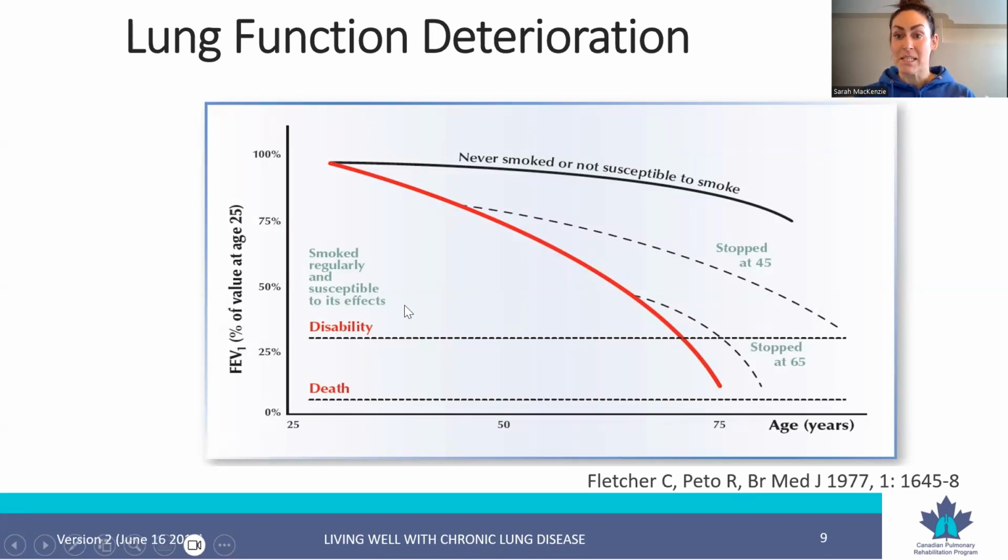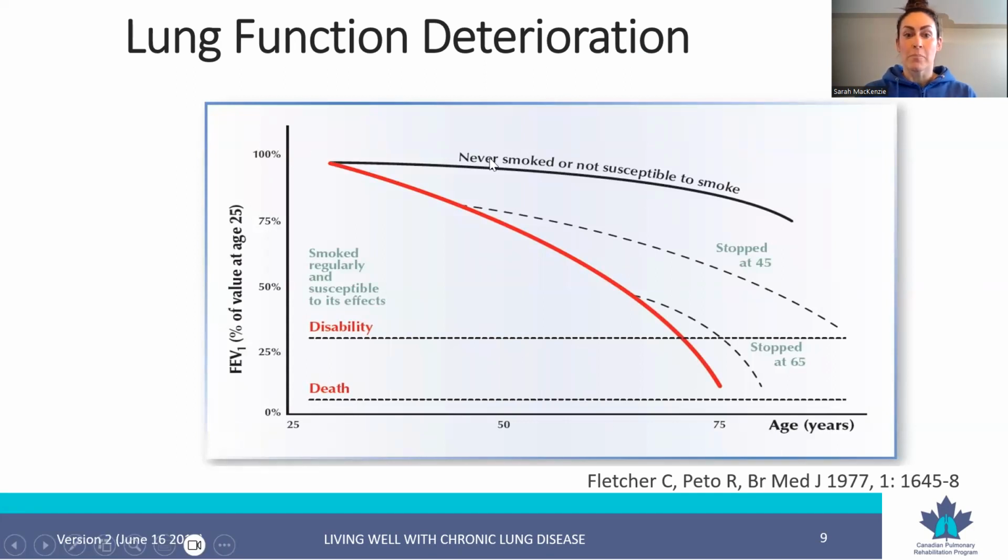So this is a very busy slide, but I'll break it down for you. Basically, the point of showing you this chart is to reiterate that it's never too late to quit smoking, okay? So on the left here, we have your lung function, your FEV1. This is the amount of air you can get out in 1 second over your age.